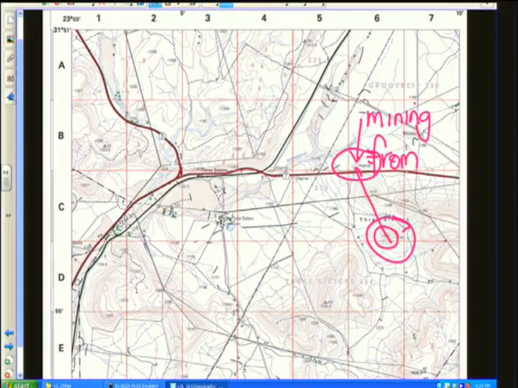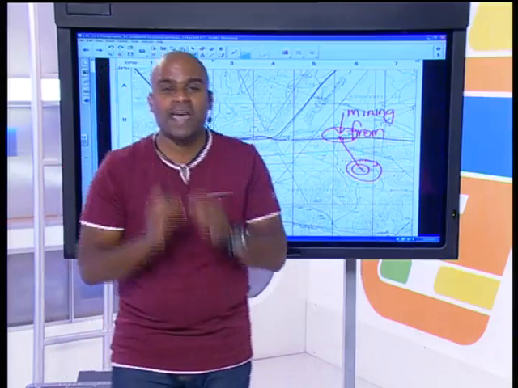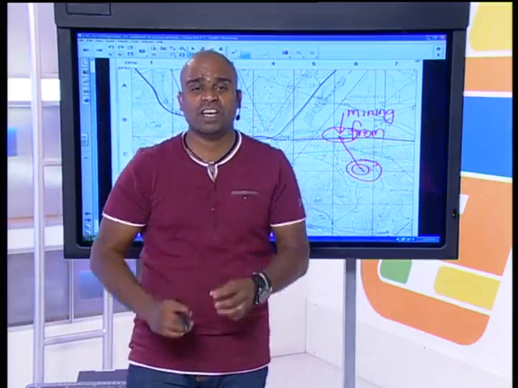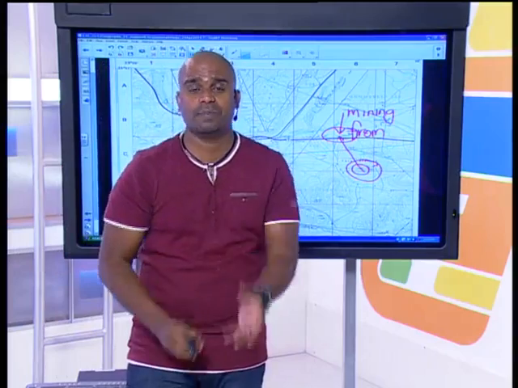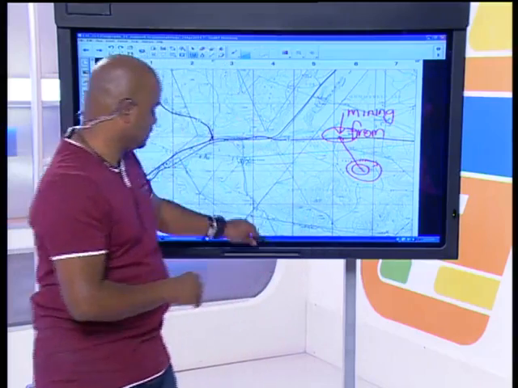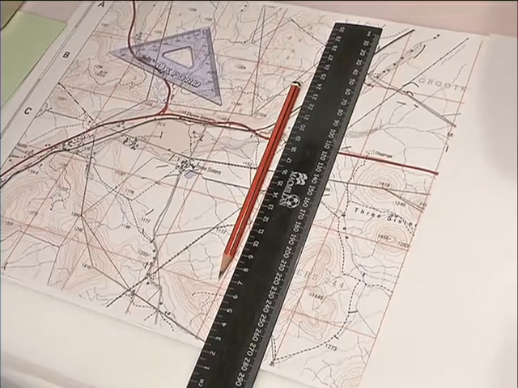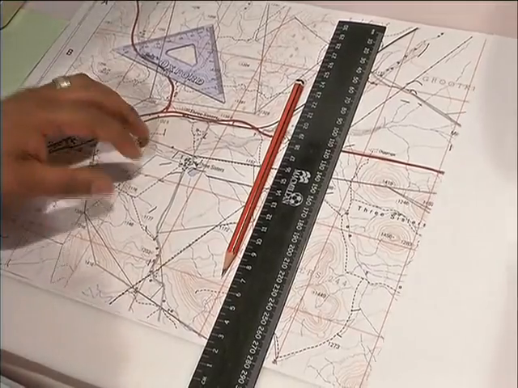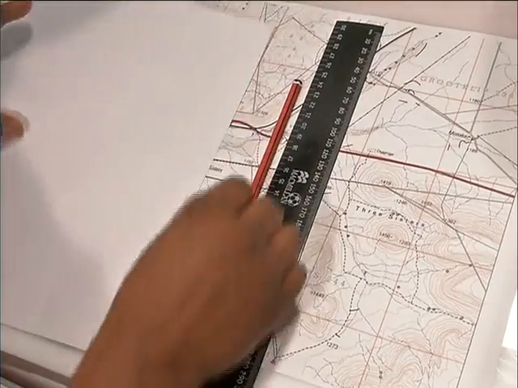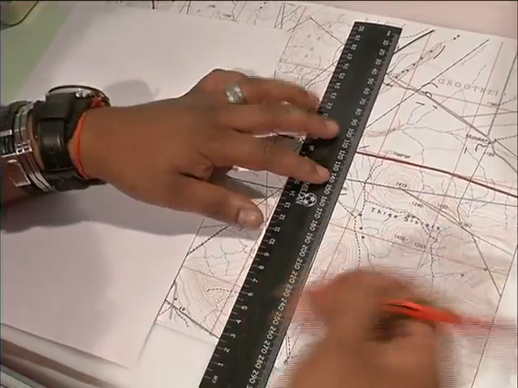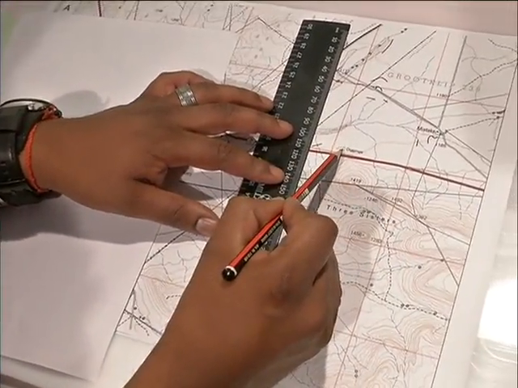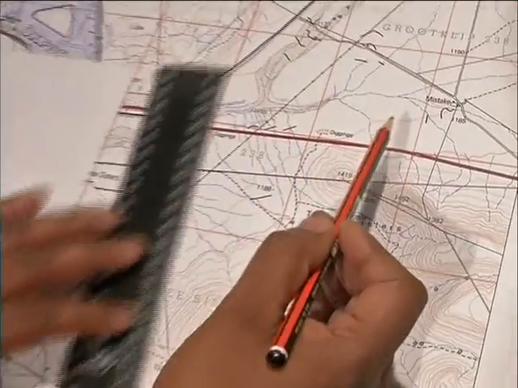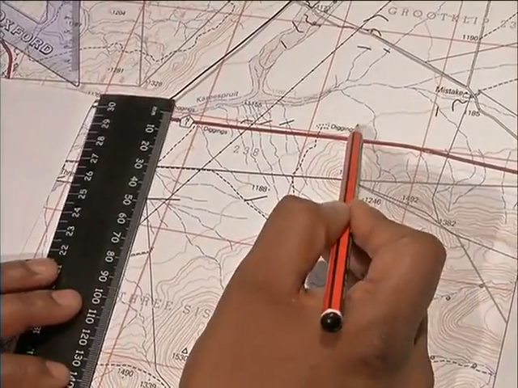Without further ado, I'm going to now go to the manual cross-section that we will construct using an actual topographical map of Three Sisters. So, when looking at this particular section, you will see the following. Our diggings, which is located on the topographical map at this point in block B4.